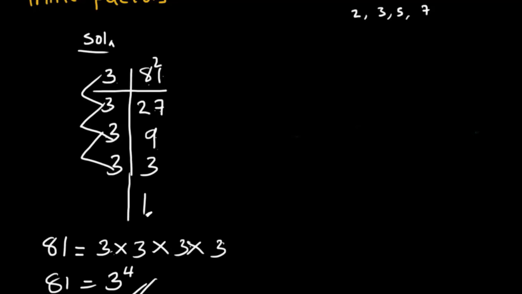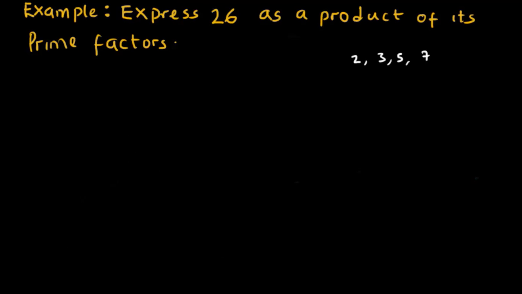Let's take another example. Express 26 as a product of its prime factors. Now let's solve this. Remember, we just divide. Now 26 is an even number, so 2 can go in 26. 2 in 2 is 1. 2 in 6 is 3. Now you need to ask yourself, can anything go in 13?